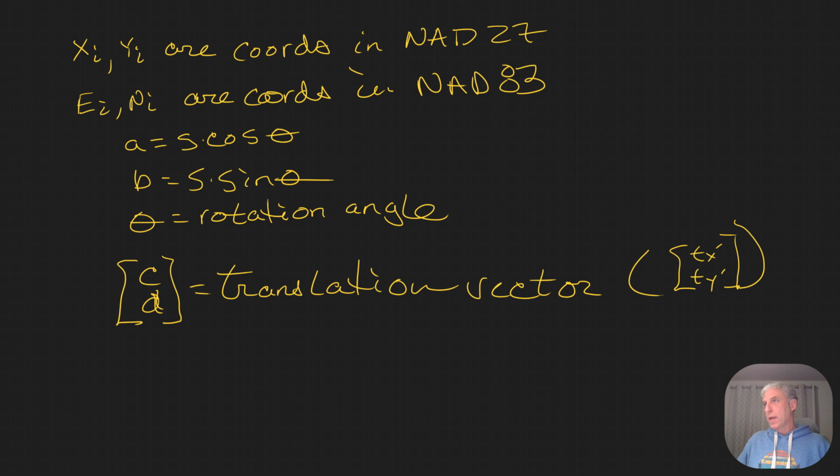And then V sub EI and V sub NI are residuals.